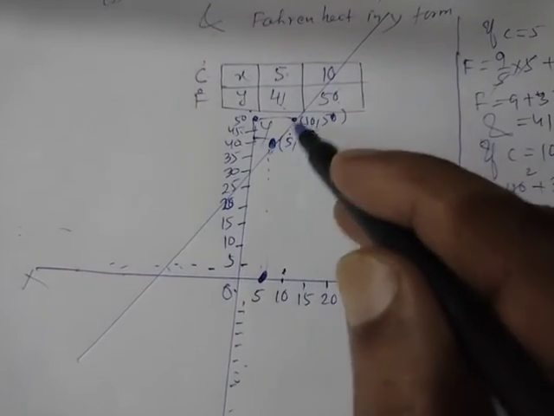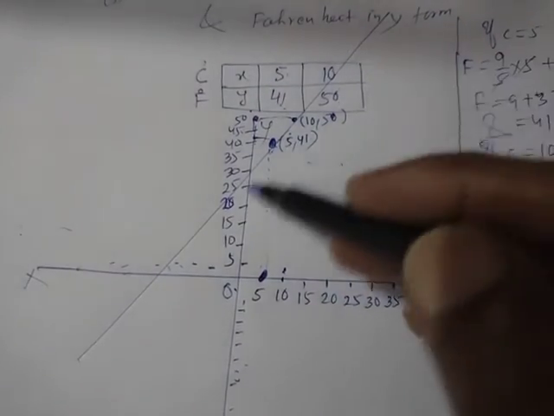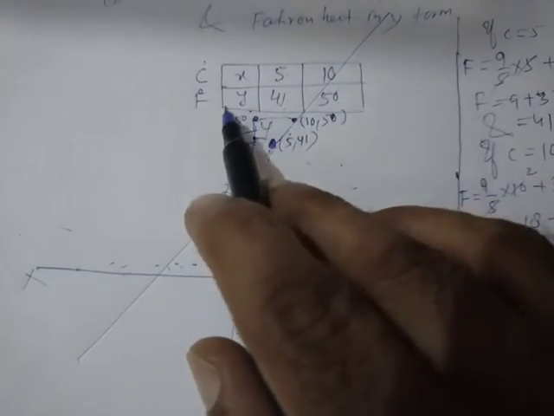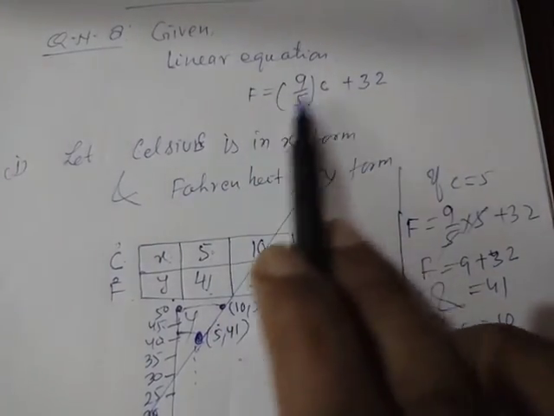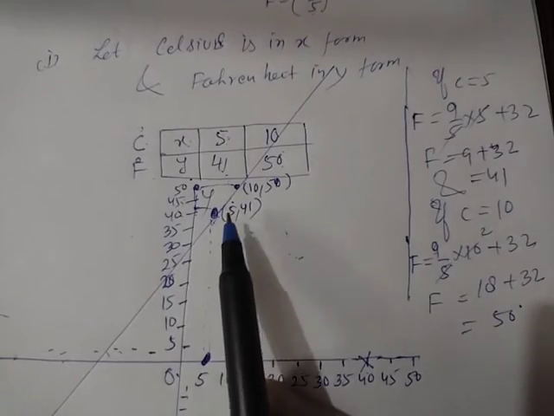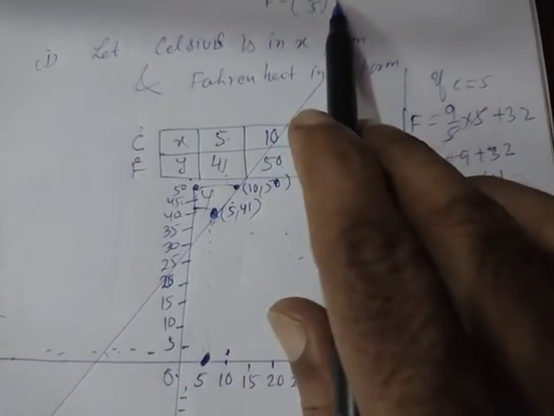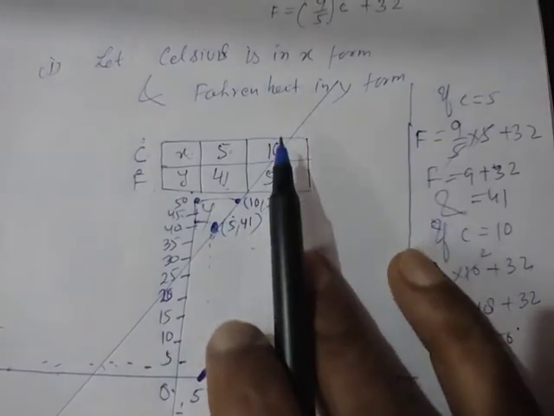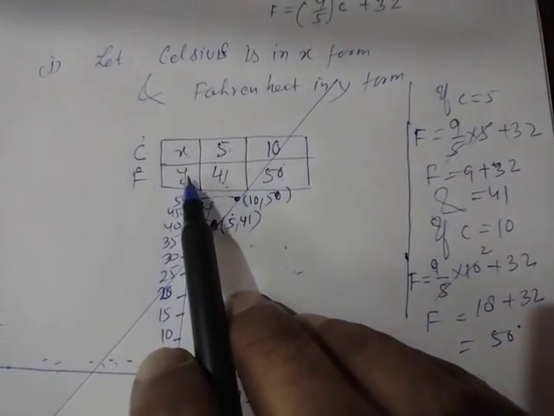That is 2 points. Okay. This is the graph of the Celsius scale and Fahrenheit scale, given in linear form. You have drawn a graph using the Celsius scale as x and the Fahrenheit scale as y.